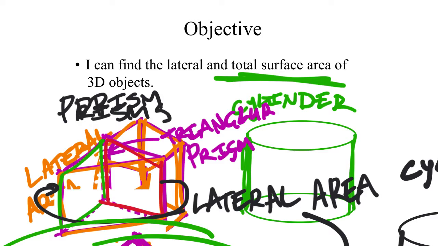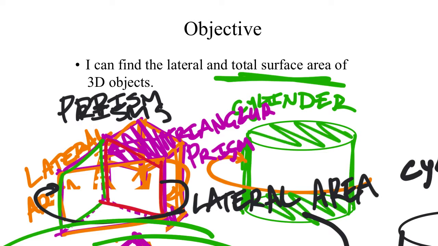Then you look at just the sides. The top and bottom are considered part of the full surface area of this shape, okay? It's the same thing with the cylinder. The part that wraps around the cylinder is the lateral area, and then the top and bottom of the cylinder would be added to the lateral area to find the total surface area.